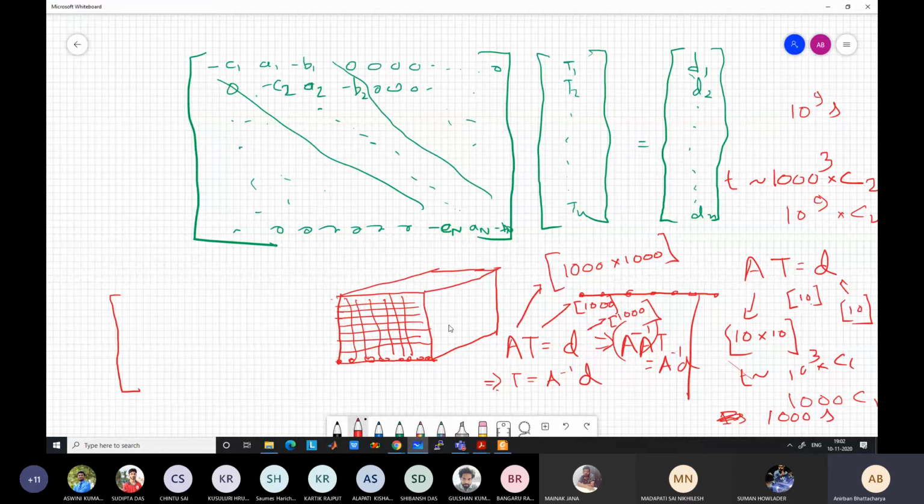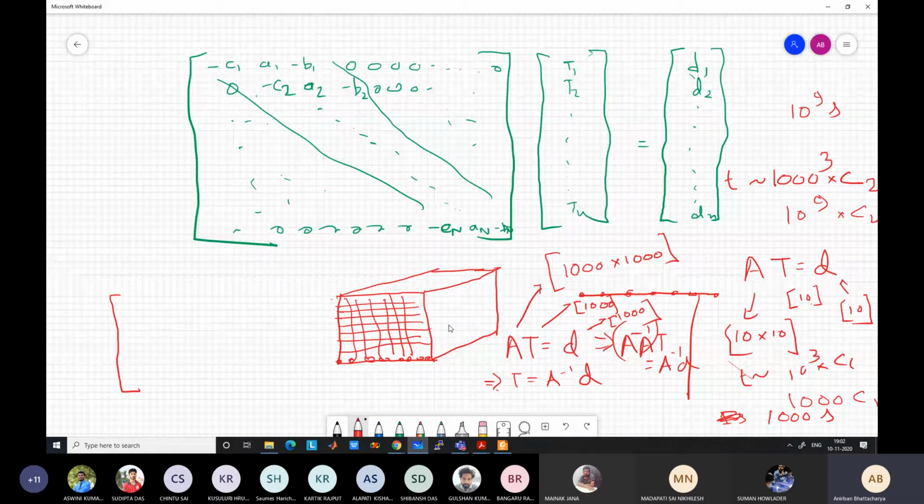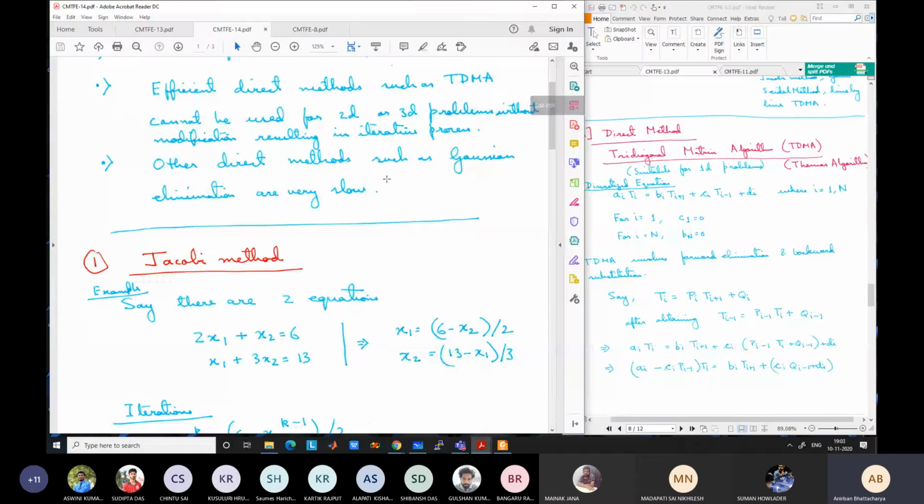Depending on the guess, the convergence time will be different. But you start with some value, and then repeatedly keep calculating based on the previous iteration value to find the new iteration value, until you see that there is no change with further iterations.